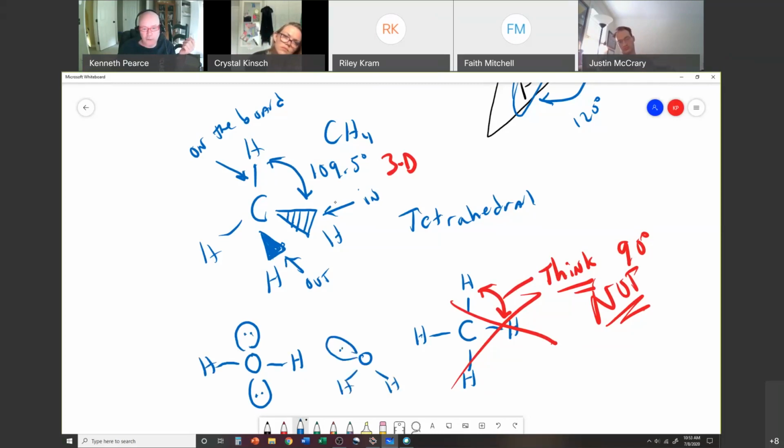See the bunny ears? This is better, and this is the same sort of deal up here. This is 109, 109. If you looked at this, you might say this is linear. This is not linear, this is bent. All right, so water molecules are bent.